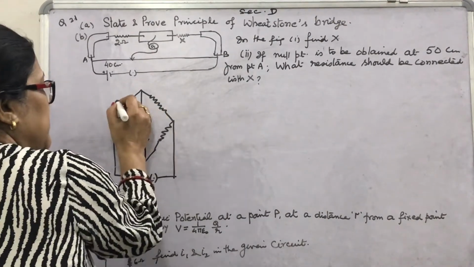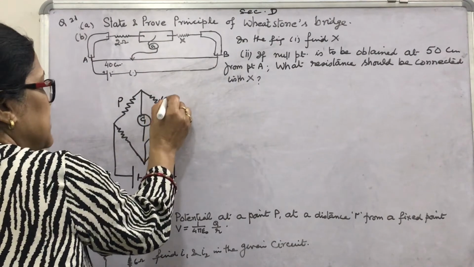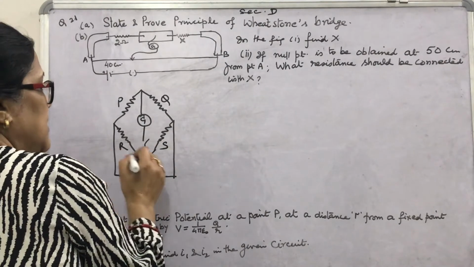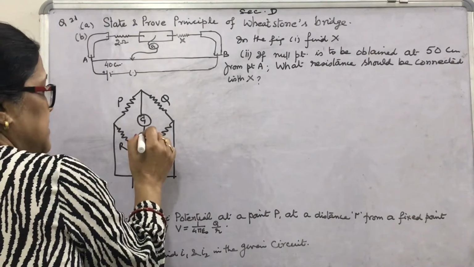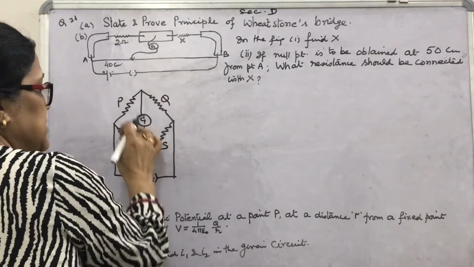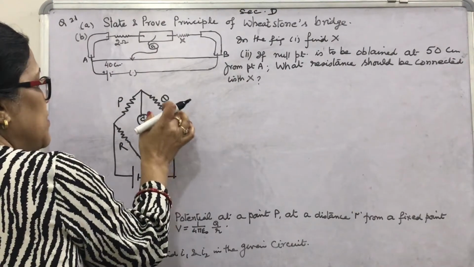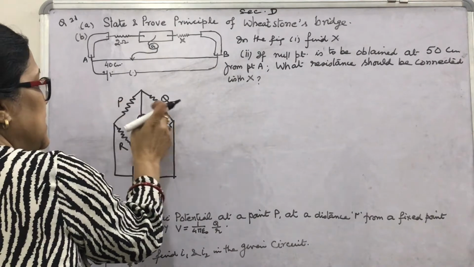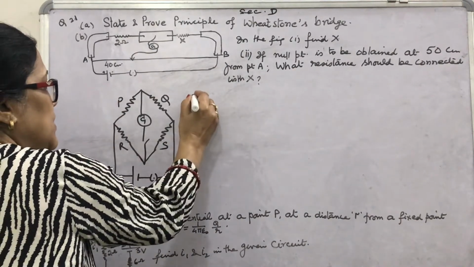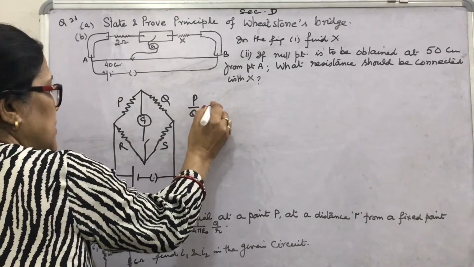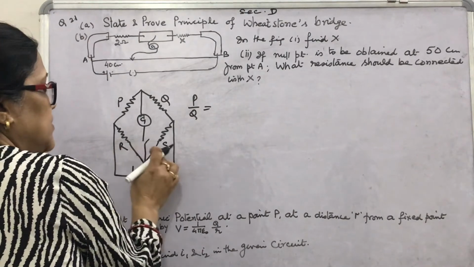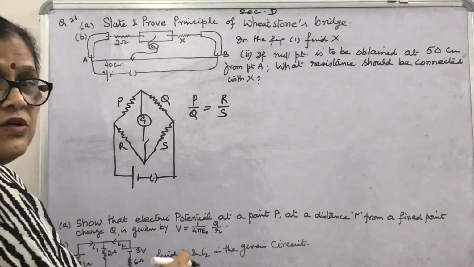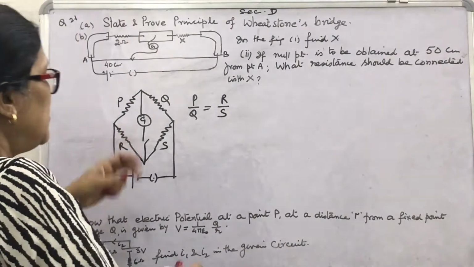Here if you write this is P, this is Q, this is R, this is S, then this bridge formation is said to be balanced when the ratio of two adjacent sides, that is P upon Q, is the same as the ratio of resistances of the other two adjacent sides, that is R upon S. So this is the statement.